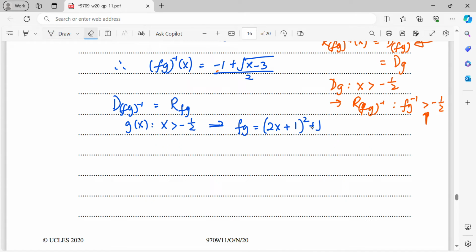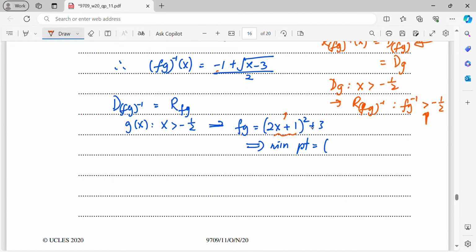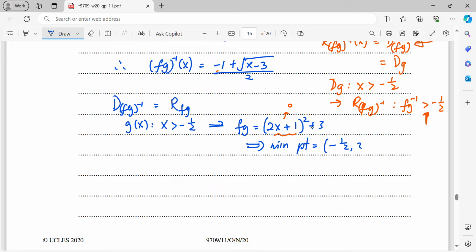So when you look at this domain, negative half, now basically from here I will get a minimum point, because when you do expansion you are getting 4x squared. So the minimum point is when you let 2x plus 1 be 0. So when you let this be 0, your x is basically negative half. Therefore I will get negative half followed by plus 3.